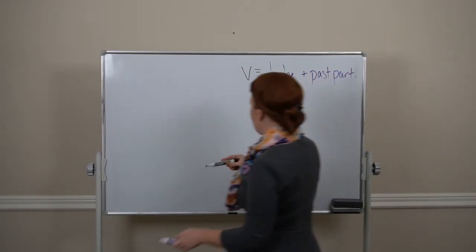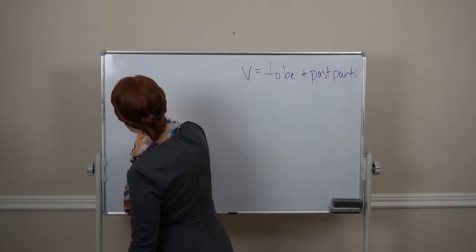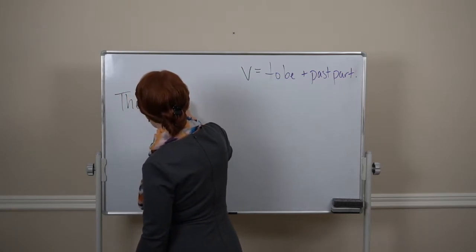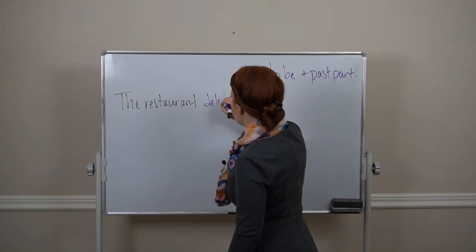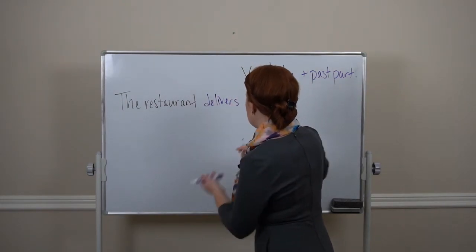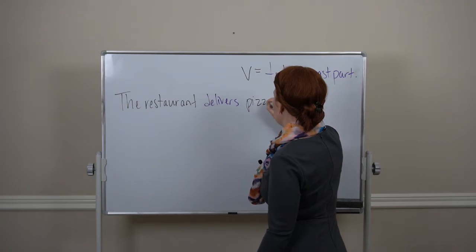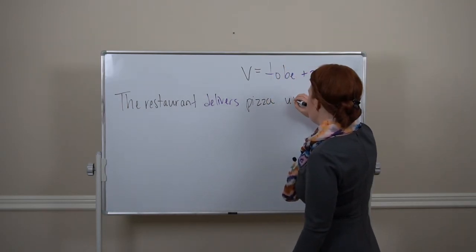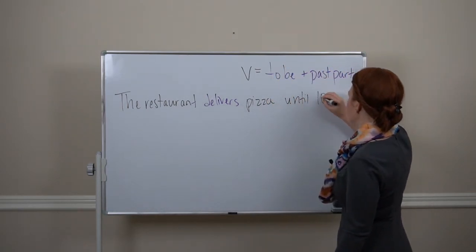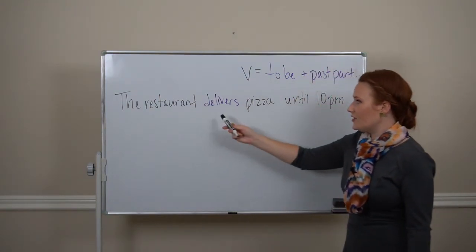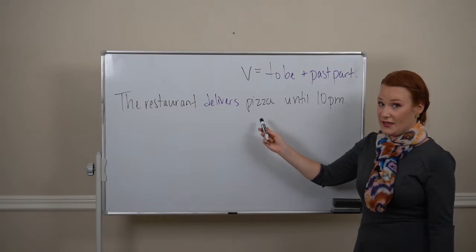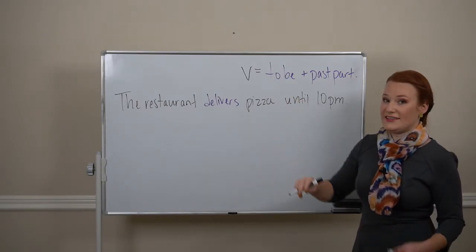I could say, the restaurant delivers pizza until 10 p.m. Okay, so we have our subject, restaurant, verb, delivers, object is pizza. For the passive form, we'll put pizza at the beginning.